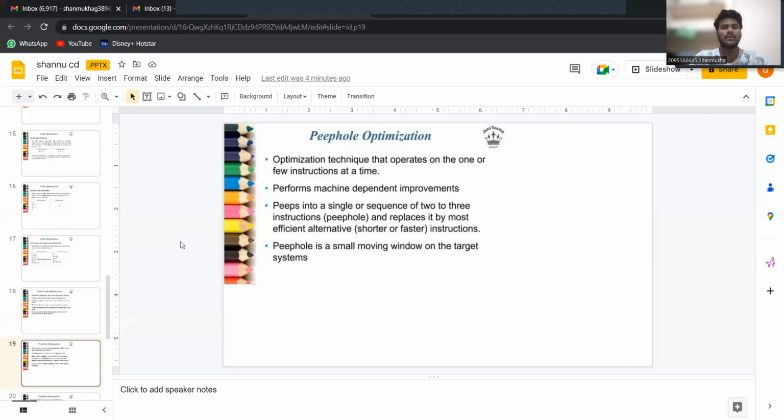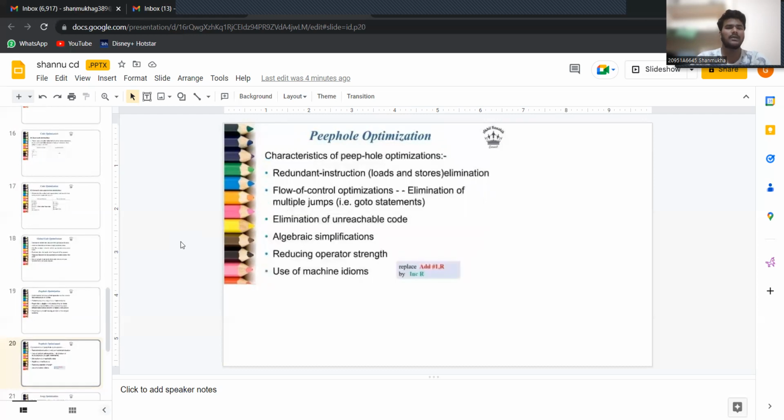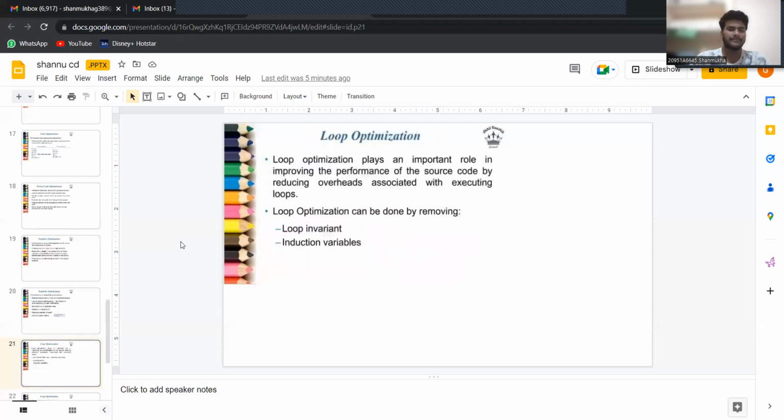A peephole is a small moving window on the target system. Characteristics of peephole optimizations: redundant instruction elimination, flow of control optimizations, elimination of multiple jumps, elimination of unreachable code, algebraic simplifications, reducing operation strength and using machine idioms.